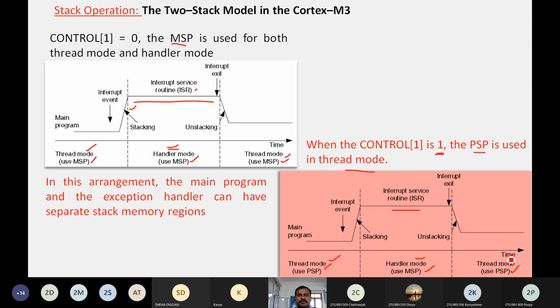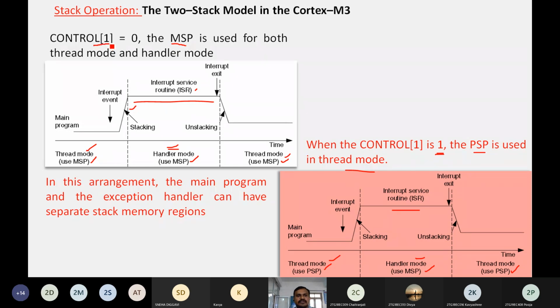So the overall summary for this stack operation in two stack model is what? It has the thread mode and handler mode. In the thread mode and handler mode, if only one same stack pointer is used, the permission is allocated to only the default stack pointer, that is MSP. And how do we come to know? By observing or setting the value of control register bit number 1.